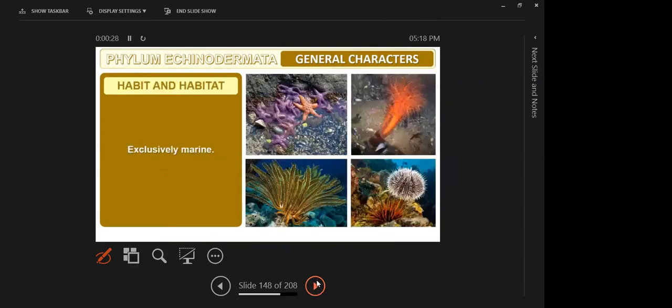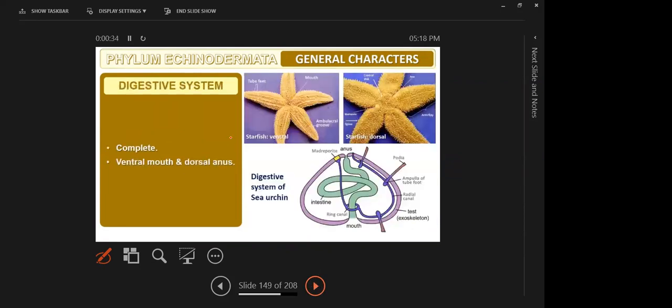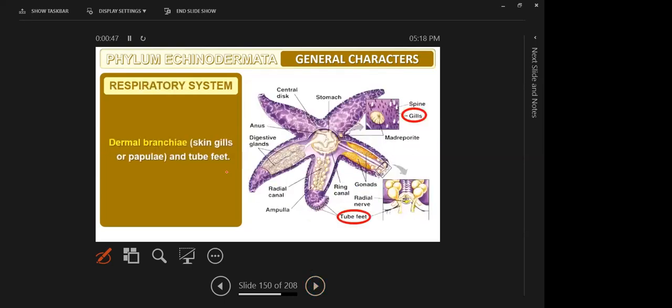They're exclusively marine. So you do not get to see them in fresh water. And they have a ventral mouth and dorsal anus. This is another exclusive point. Ventral, below, mouth is there, dorsal anus is there. Then they have tube feet.